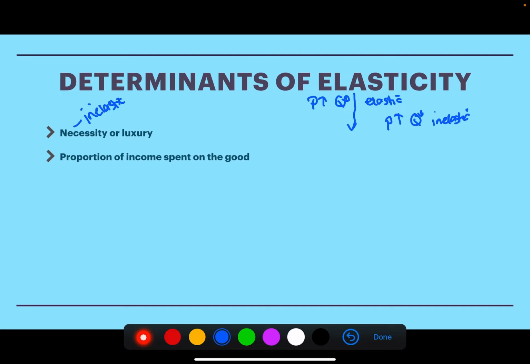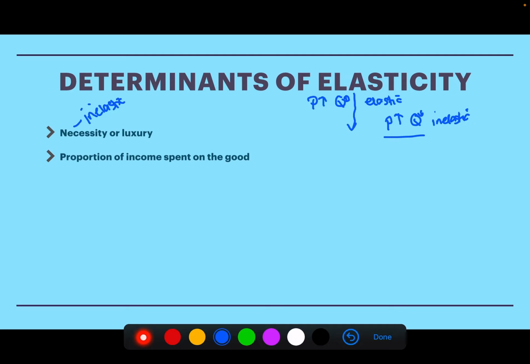Proportion of income spent on the good. Well, if you think about something like a biro, it costs very little. If the price of a biro goes up by 10%, that's probably like 1 or 2p. You're hardly going to notice it because it's such a small proportion of your income. So if the price goes up, you're not really going to change your demand by very much.